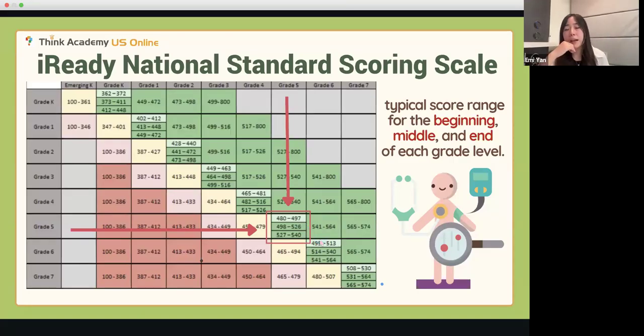So let's think about it. For example, I'm going to be the grade 5 kid, taking this grade 5 iReady test. What if I score, let's say, 480? Let's just focus on 480. If I score 480 on my first test at the beginning of the semester, is it not that good? Well, it's not that serious.